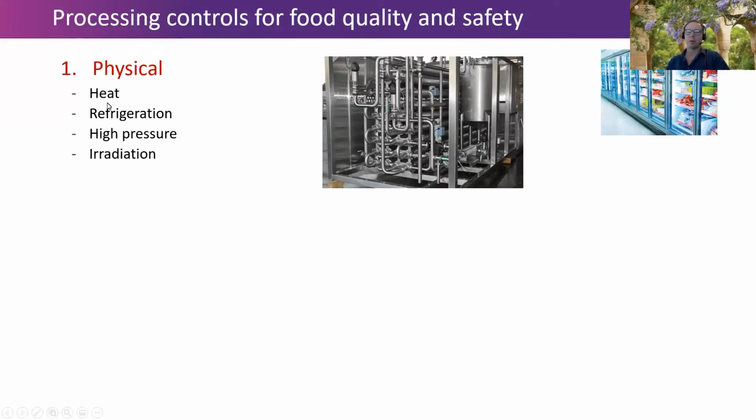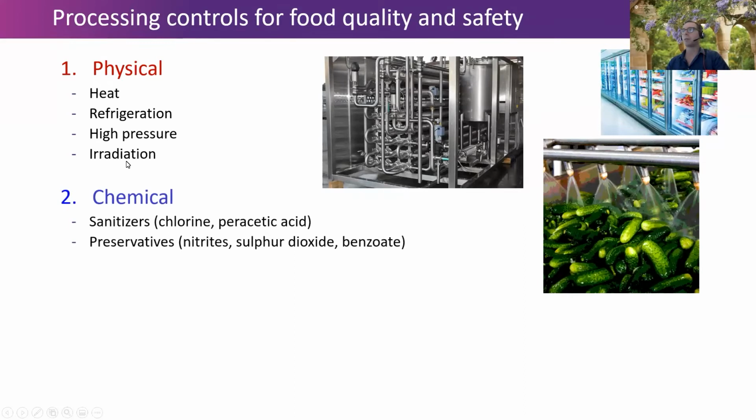We know about all these: heat, cooking, refrigeration. There's new high pressure foods we see in the market. There's radiation being used a lot for exported foods. We see chemical processing approaches, sanitizers like chlorine and peracetic acid being used on fresh produce to reduce microbial loads, and also preservatives being added to foods to stop or slow down microbial growth.